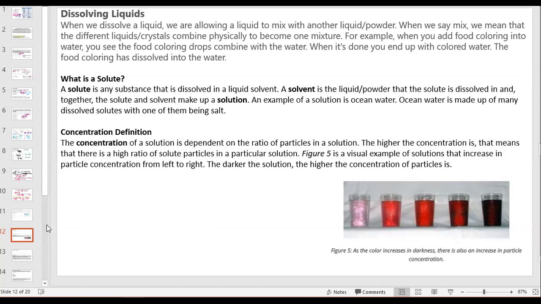So the less liquid we put, the more concentrated it's going to be. The more liquid, the less concentrated. That's how it's going to be working for our drugs.